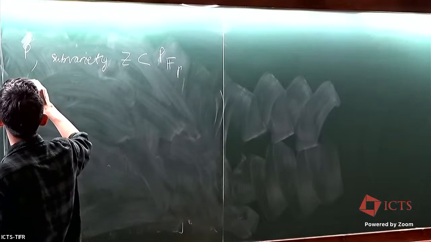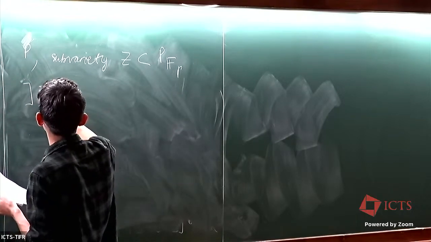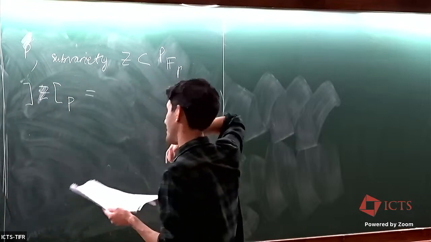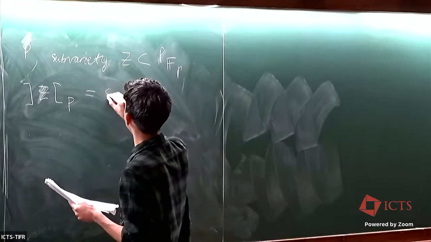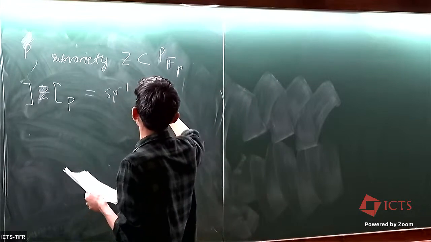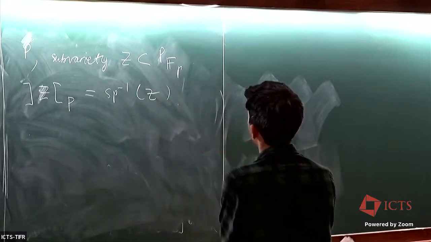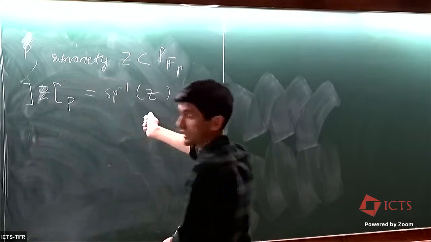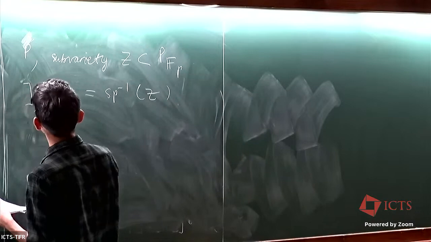Then we're going to define something which a priori is just a set, and then we'll see how to think of it really in terms of algebra and geometry: the pre-image of Z. For this subvariety, I'm not imposing that it's closed or open, but I want it to be an intersection of an open with a closed.